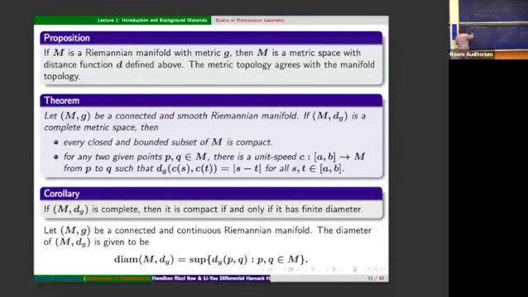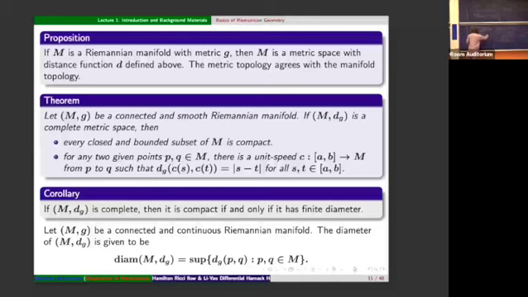So if you have M, let it be a connected, smooth Riemannian manifold.